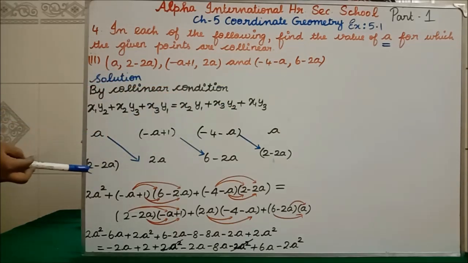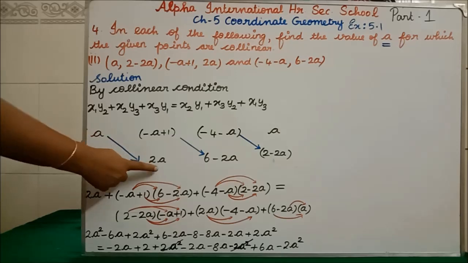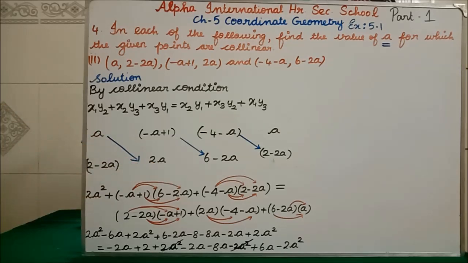Here a, 2 minus 2a, here a, 2 minus 2a. Students, when you are solving a problem like this, you have to put the arrow mark. Clear? First I have written only one side, no? First you multiply that alone. Clear? A into 2a is 2a square. I have written 2a square. Then minus a plus 1.